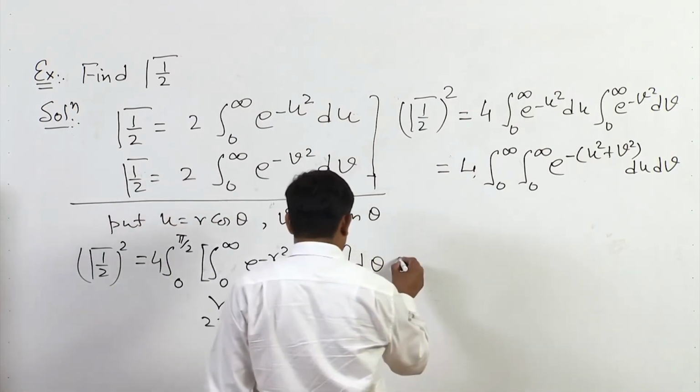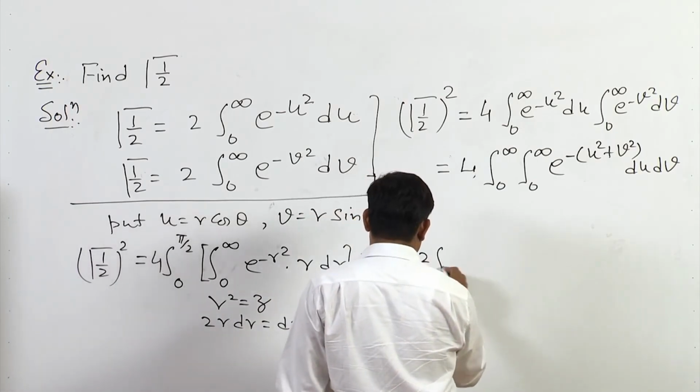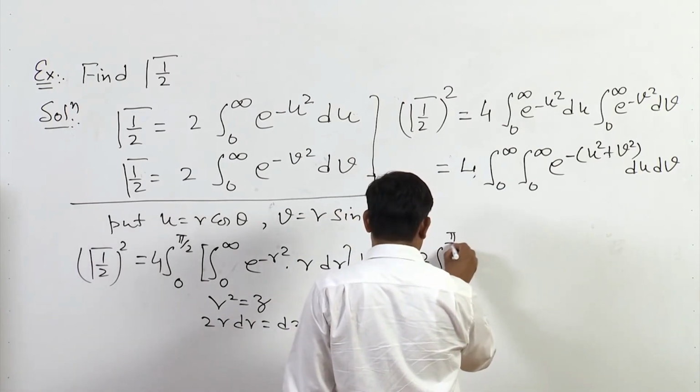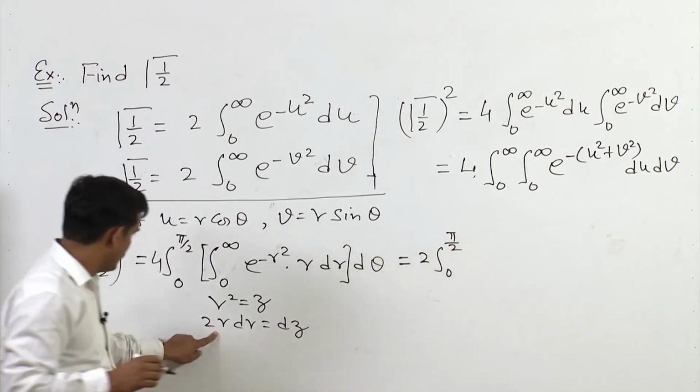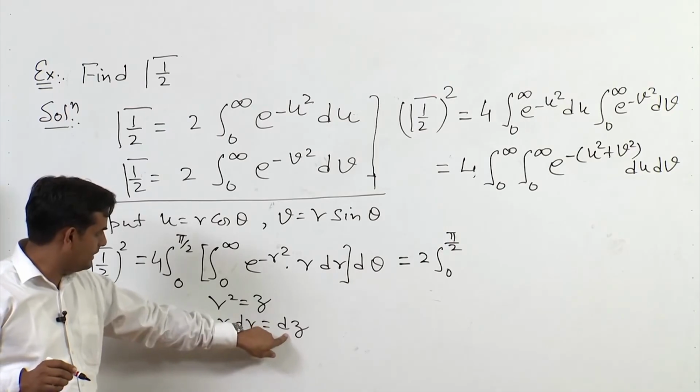So, by this substitution it will become 2 ∫ 0 to pi by 2, because I have taken this 2 inside 2r dr. So, 2r dr will be dz.